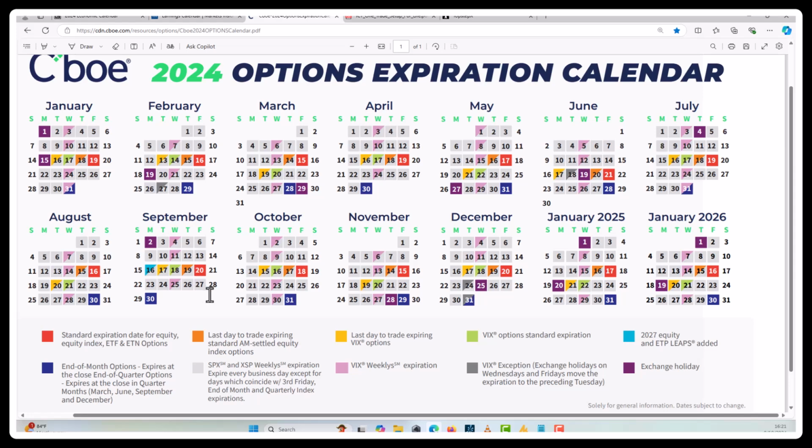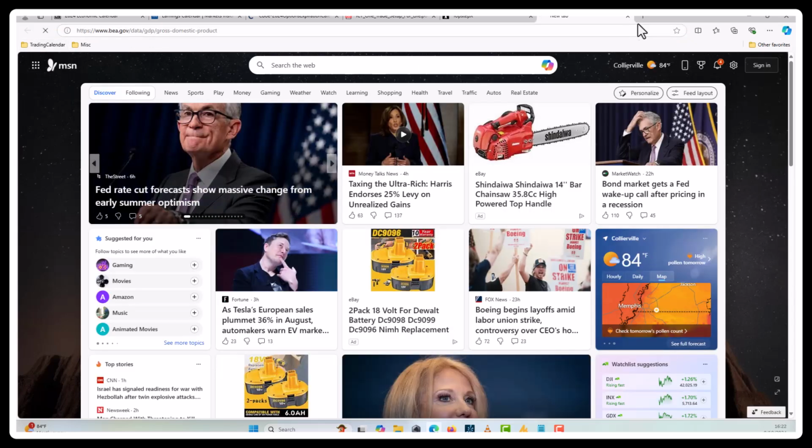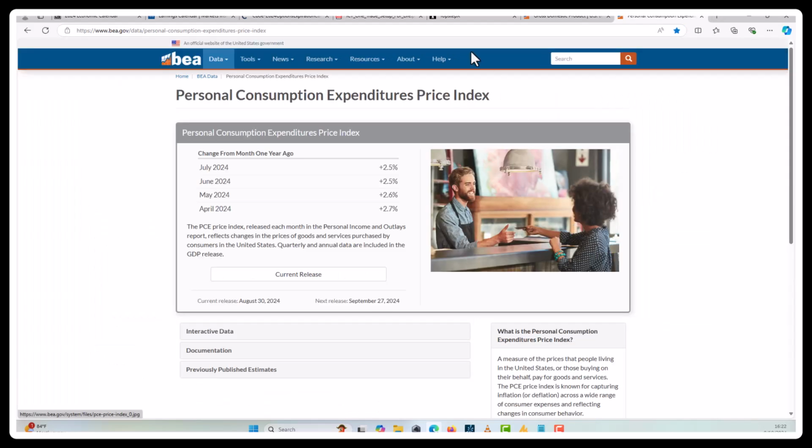And next week, we have two low to medium impact news: the GDP data on September 26th, and then the PCE data on the 27th. So basically, yesterday the Fed cut 50 points, and now let's go look at the charts we have.